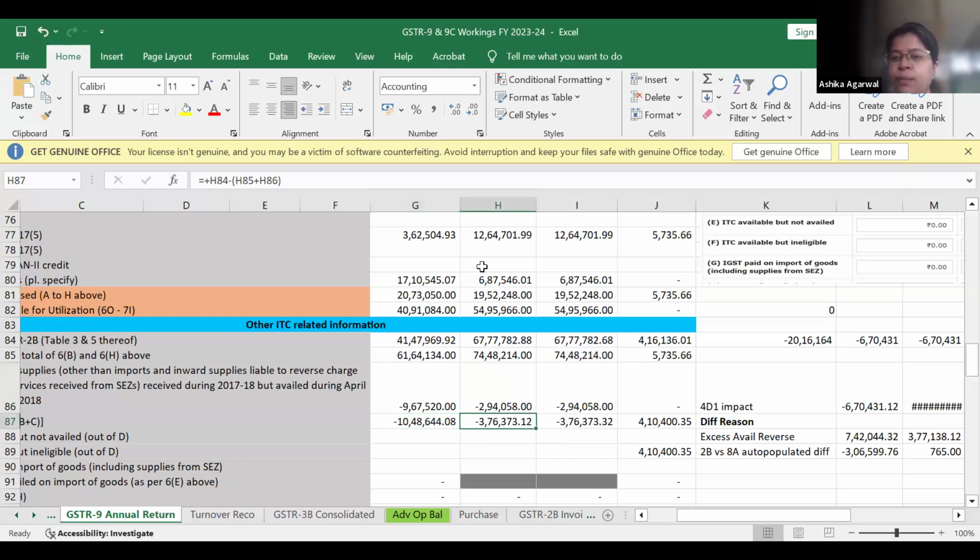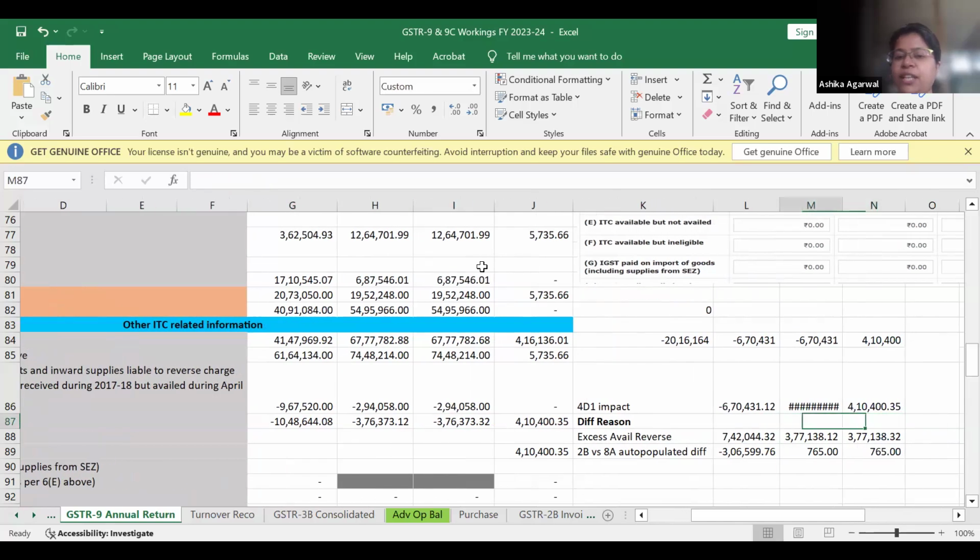Now, when we work, we make sure that we identify each and every reason why it is happening. So over here, we noticed that by mistake in a few months, they claimed more than what they were eligible for. But they subsequently reversed it when they reconciled the full year. So we came to know that they had excess availment, which they have reversed. Due to that, I was getting the difference.